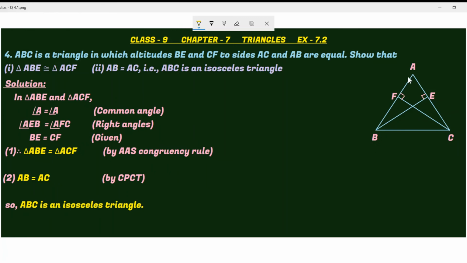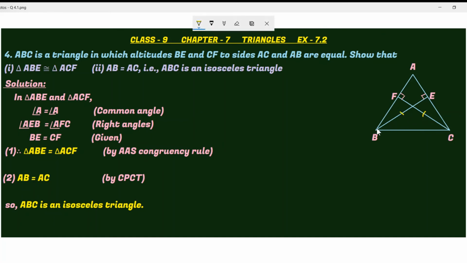So for this also, we are going to take the same triangles ABE and ACF to prove this given ABC is an isosceles triangle. First we'll take these two triangles. You can see already these altitudes are equal to each other. They have given in the question.